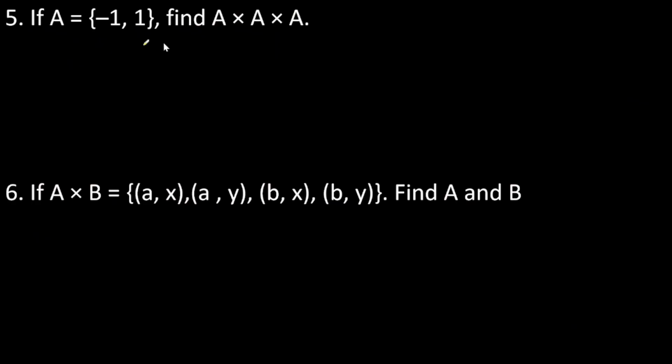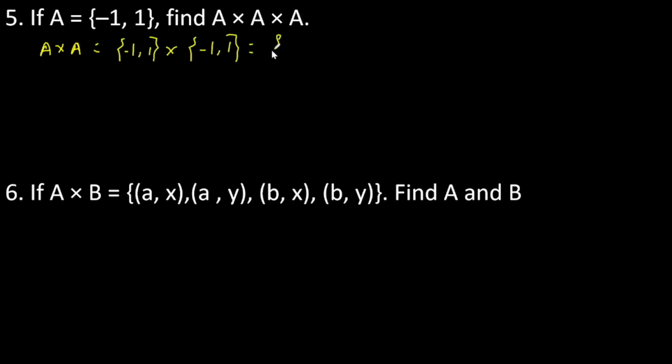A equals minus 1 comma 1. Find A cross A and A cross A cross A. First we will find A cross A, then we will find A cross A cross A. So we write minus 1 comma 1 cross minus 1 comma 1.